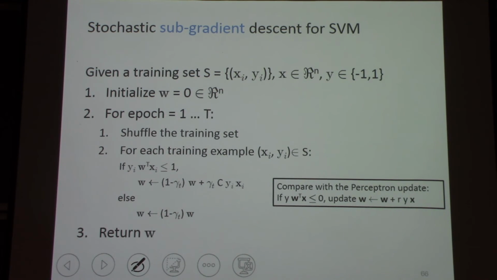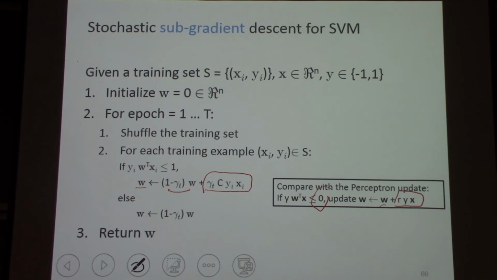In perceptron, you check for y w transpose x less than 0. Here you check for less than 1. If the condition holds, then you say w is w plus some learning rate times yx. Here you say w is w plus some constant times yx plus this shrinkage term.